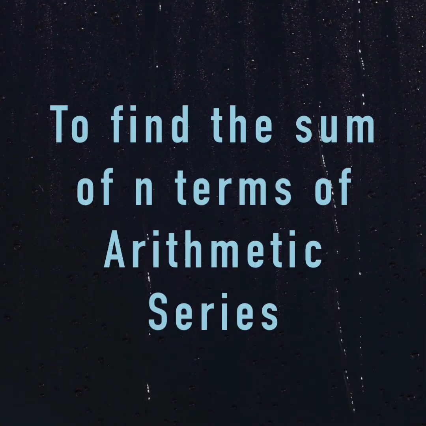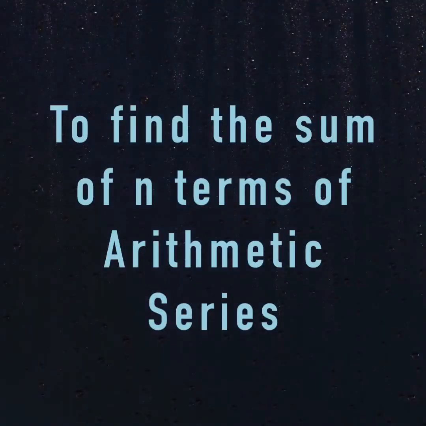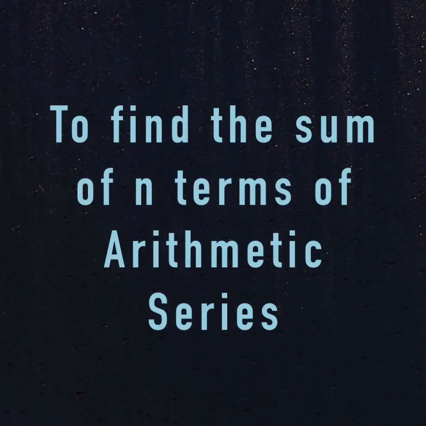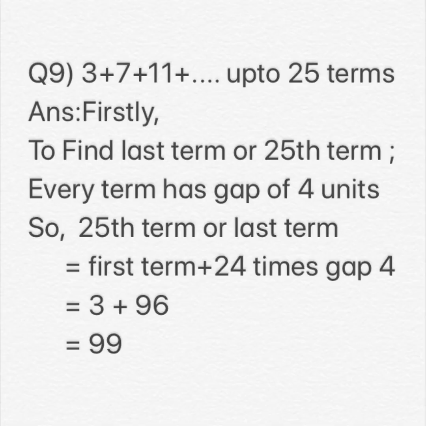In this video, let's discuss how to find the sum of n terms of an arithmetic series. Let's take up this question: 3 plus 7 plus 11 plus and so on up to 25 terms.